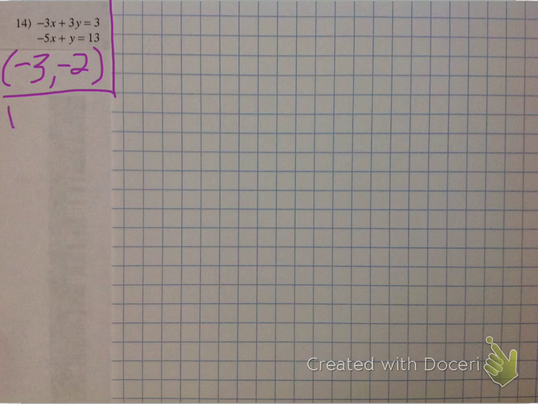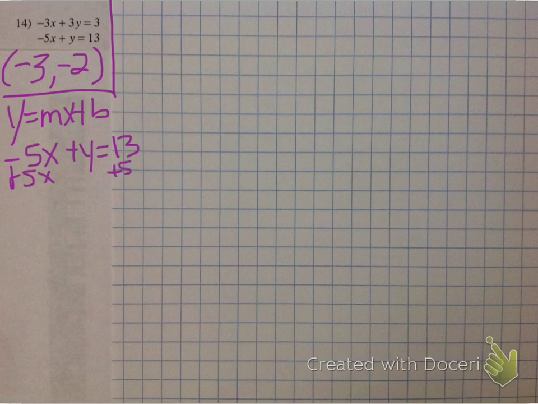They need to be y equals mx plus b, so that I know my intercept and I know my slope. So let's just switch them around first. So I have -5x plus y equals 13, and I need to add 5x on both sides. So I'm going to have y equals positive 5x plus 13.